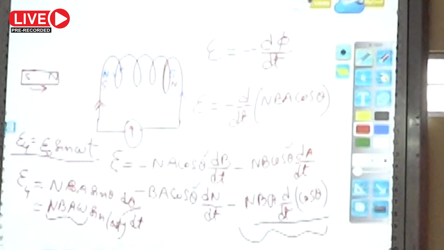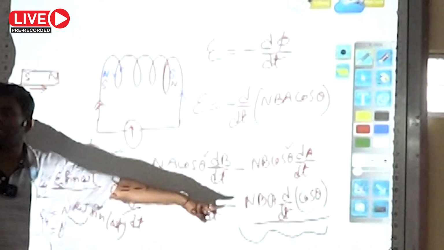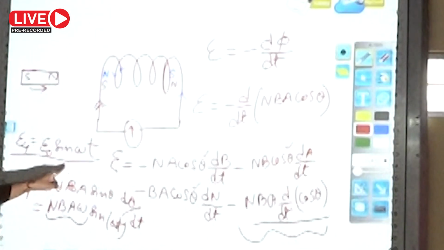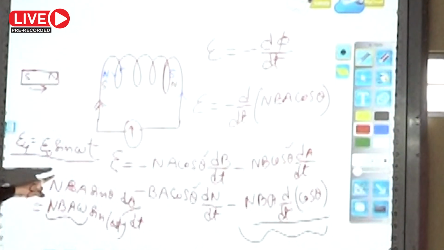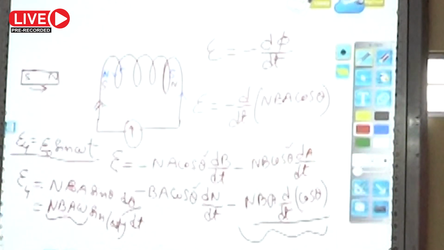Because in all three previous cases, E1, E2, E3, this theta is constant, but in the fourth case, theta is variable. So this t is variable, so this is giving a sinusoidal EMF, meaning alternating voltage. This one is giving an alternating voltage, and the current sent by this part, E4, is an alternating current.